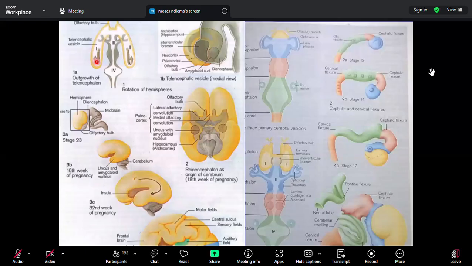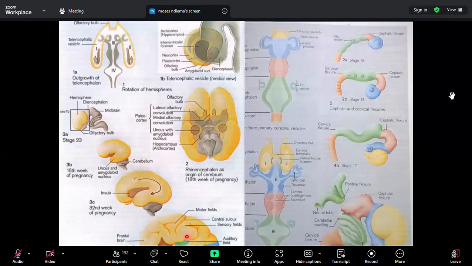So this creates this part here, which we refer to as the insula, which is an older part of the development of the brain. Again, there is that process of proliferation and migration of the cells.